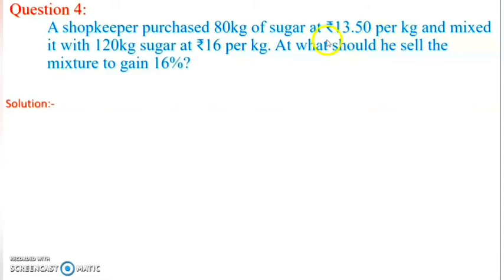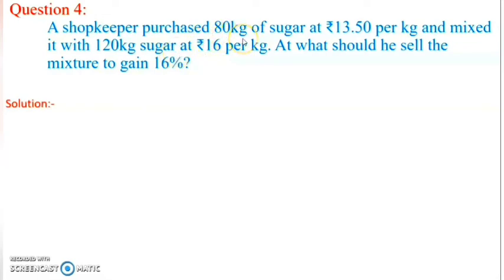And for the other quality of sugar, the rate was rupees 16 per kg and that amount was 120 kg. Now the question is, what should be the selling price of the mixture so that the shopkeeper will gain a profit of 16%? So first of all, you know that the profit percent has to be 16.